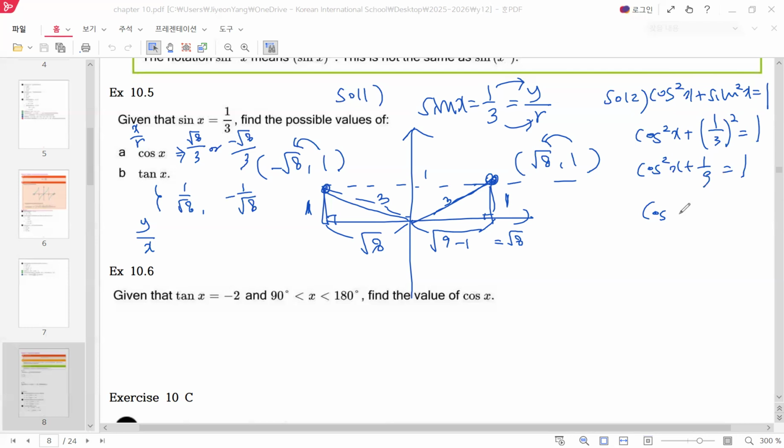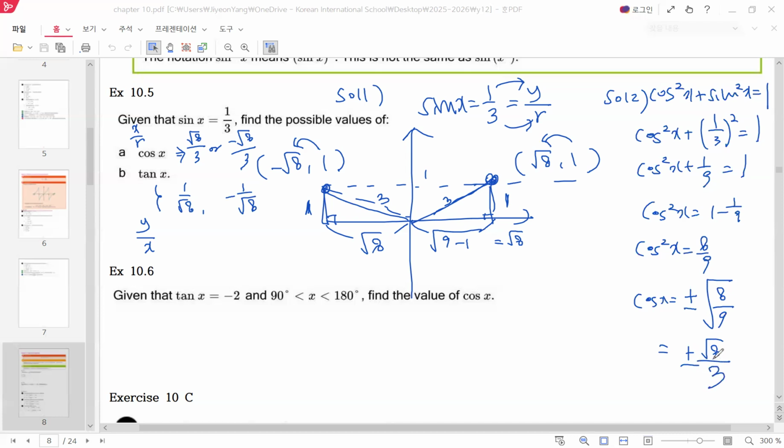Therefore, cosine square x equals 1 minus 1 over 9. Cosine square x equals 8 over 9. Therefore, cosine x can be plus minus square root 8 over 9, which is plus minus square root 8 over square root 9, which is 3.